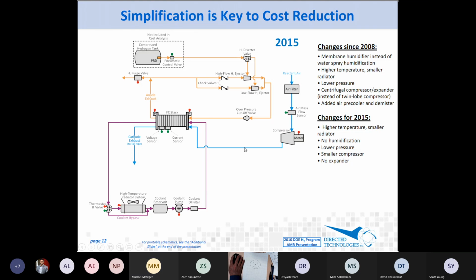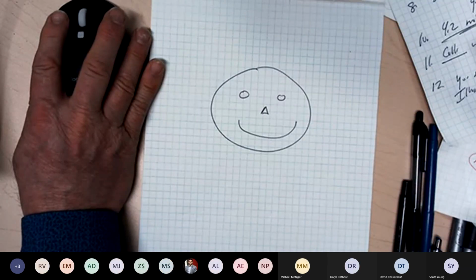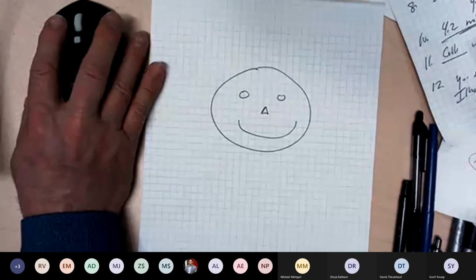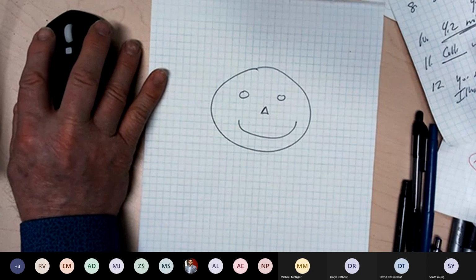So we have to go to the fuel cell program and figure out what's going on here. This is why the program is valuable. So we'll do that. Yeah, so I said, holy mackerel, let's check it out with the fuel cell program. Where is it? It's gone. Oh, there it is.